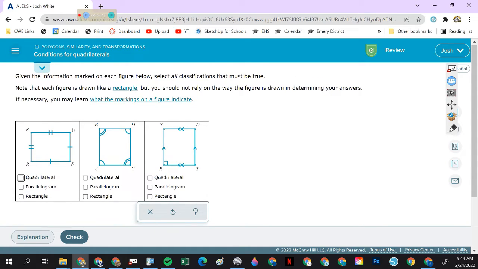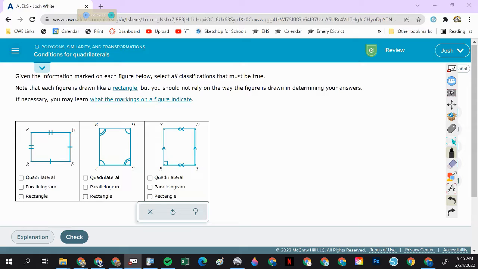Given the information marked on each figure, select all classifications that must be true. So in that first picture, is that shape a quadrilateral? Does it have four sides? Yes. Is it a parallelogram? So we know that the left and the top are the same size, and the right and the bottom are the same size. Now, they don't look the same size, but never trust the picture. Just trust the information in the picture.